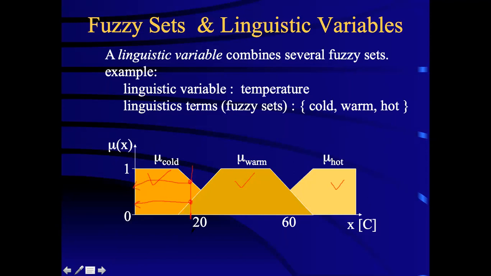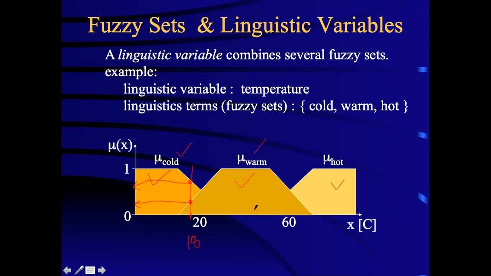So that means that this temperature has an association with cold as well as warm, but the strength of association with cold is higher compared to the strength of association with warm. Right?